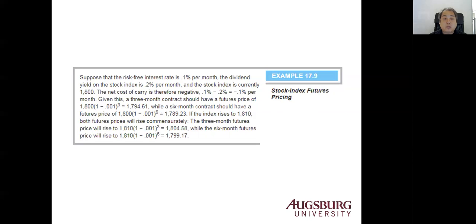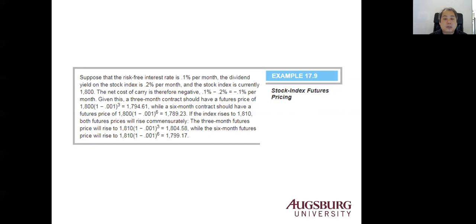For the 3-month contract, 1,800 times 1 minus 0.1% to the third, so it's below the spot price. The cost of carry is a percentage, so if it is negative, you have a lower value than spot.